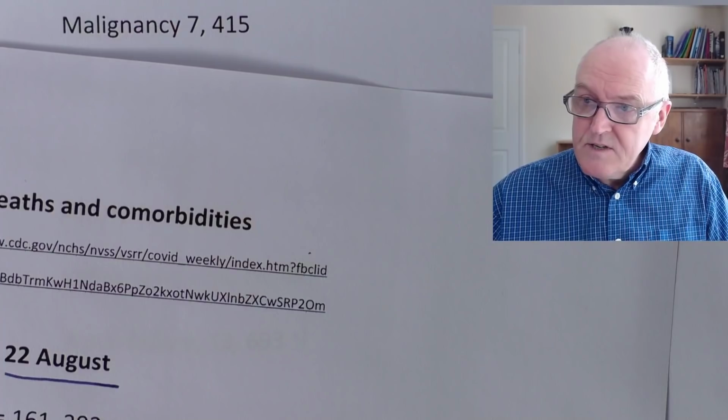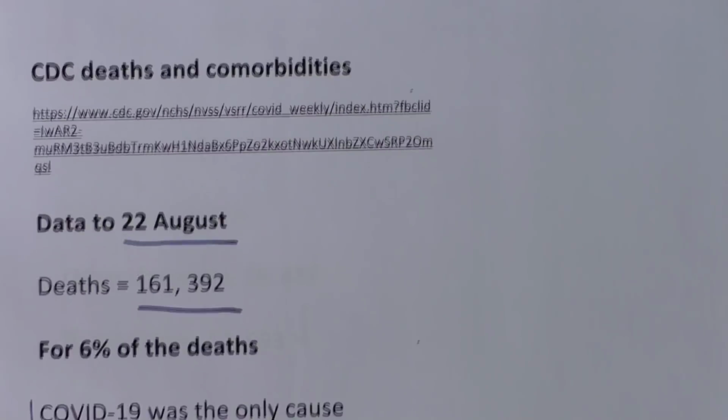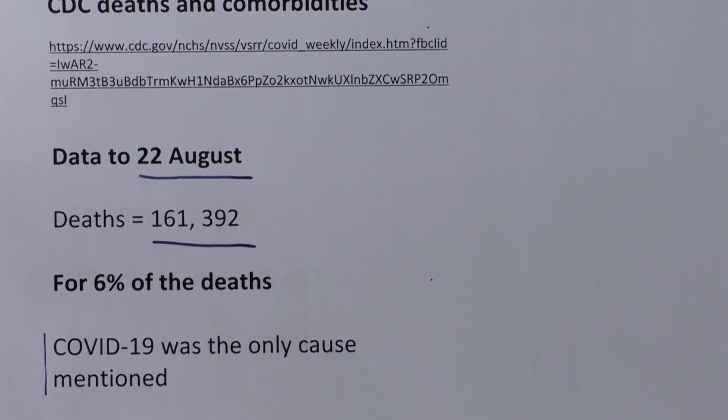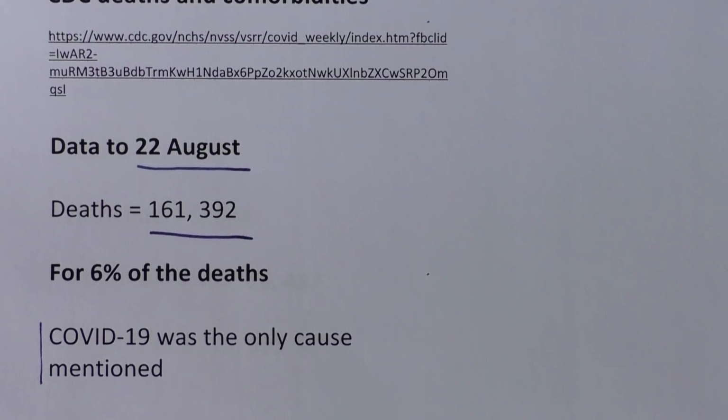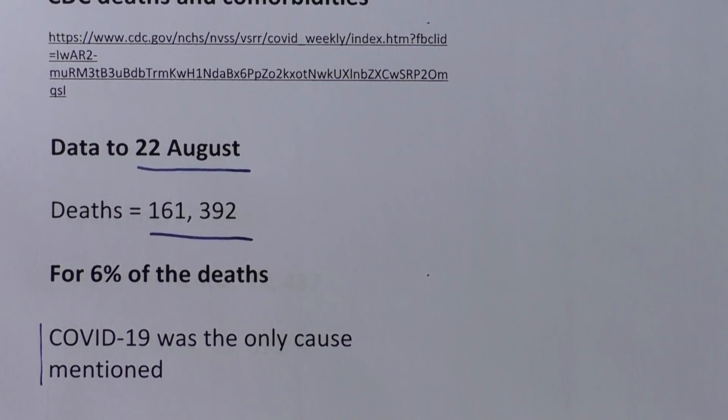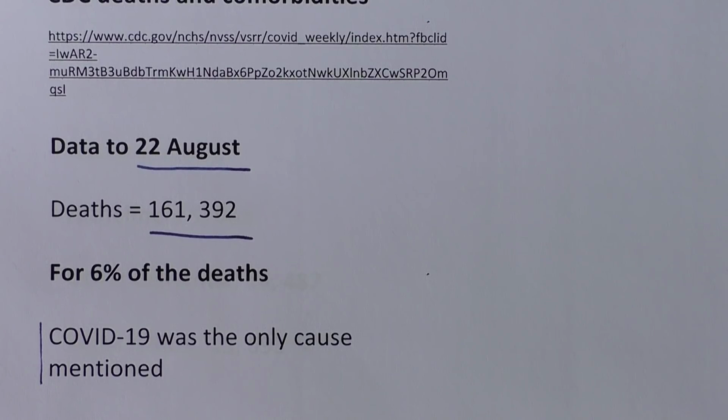So what that means overall is that 6% figure does not mean that only 6% of these people had actually died of COVID-19. It doesn't mean that, unfortunately. Great if it did, but it doesn't mean that.